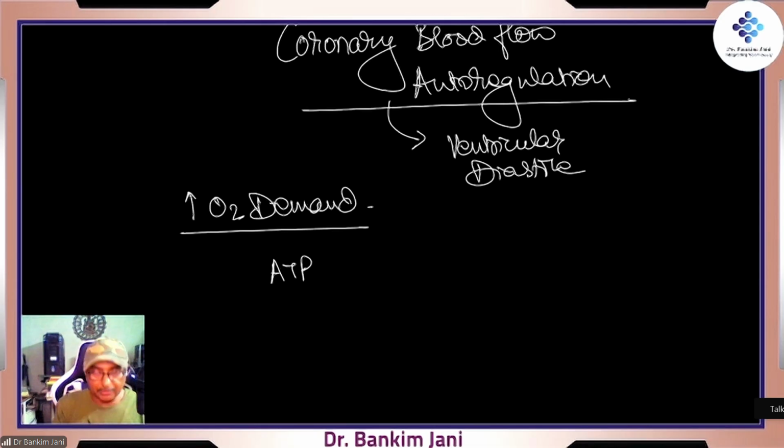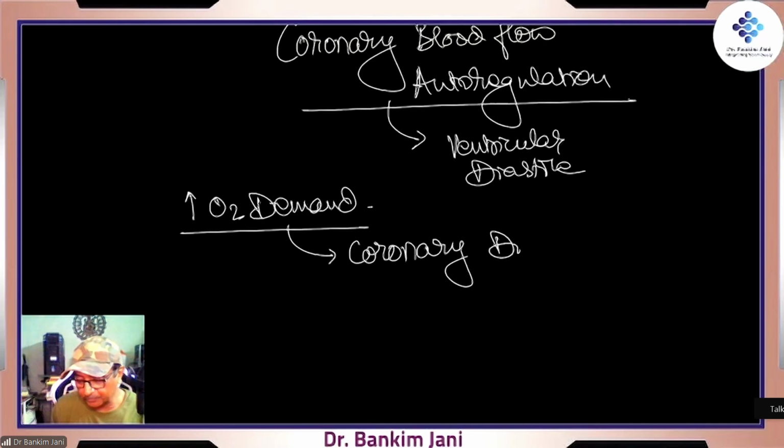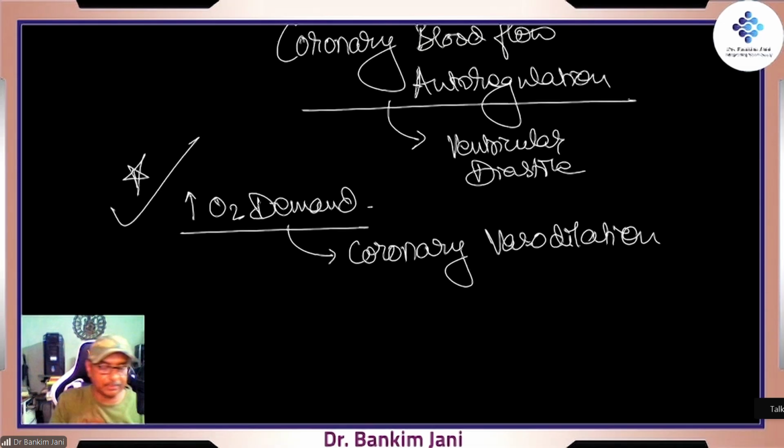So first, there is increased oxygen demand, for example during exercise, so there has to be coronary vasodilation. This is one of the very interesting questions that do come from it.